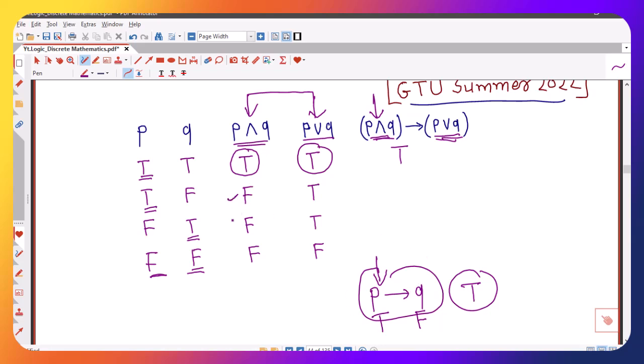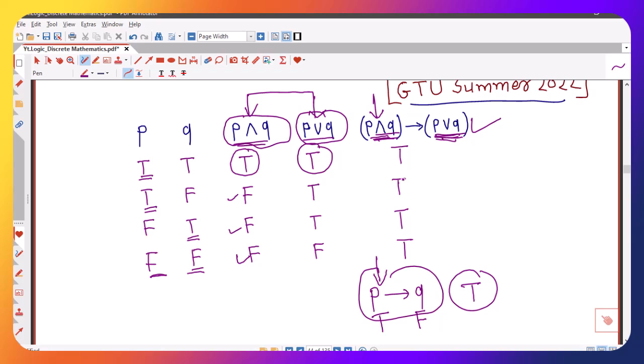So now I have all the truth values for P and Q, that is, the first proposition is F, therefore this has truth value T. An implication or conditional statement is false if the first one is true and the second one is false, but here we do not have that situation, that P and Q is true and P or Q is false.